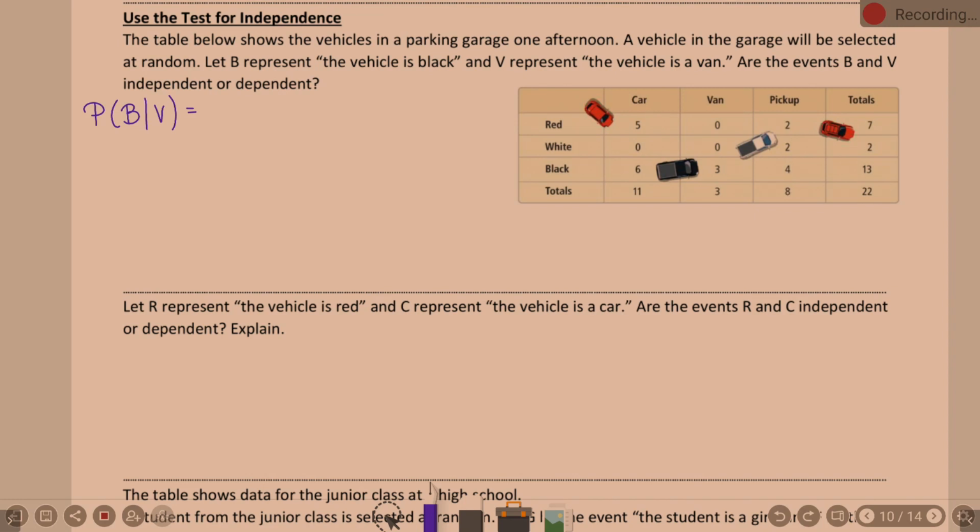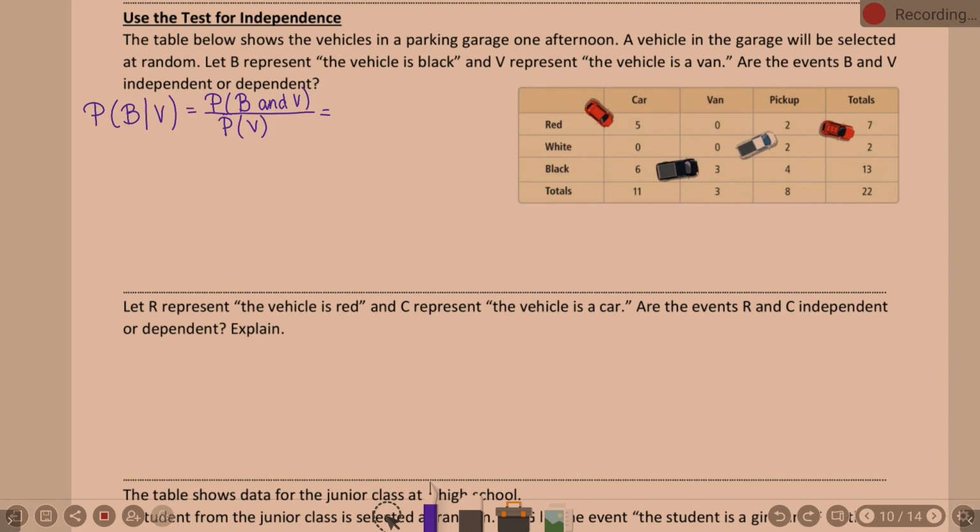On top is going to be what? Probability of black and a van. So B and V divided by probability of what goes on bottom? Van. So V. Okay. How many options do we have for black and van?